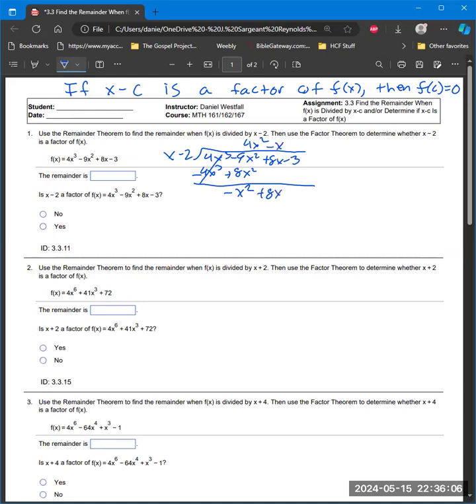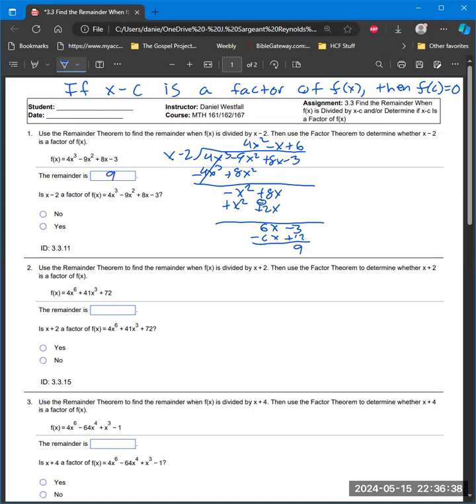It's going to give me a negative x. When I multiply negative x times x minus 2, that's negative x squared plus 2x. I'm going to change my signs and add 6x minus 3. That's going to be plus 6 and give me 6x minus 12. Change my signs and add, and I get a remainder of 9.